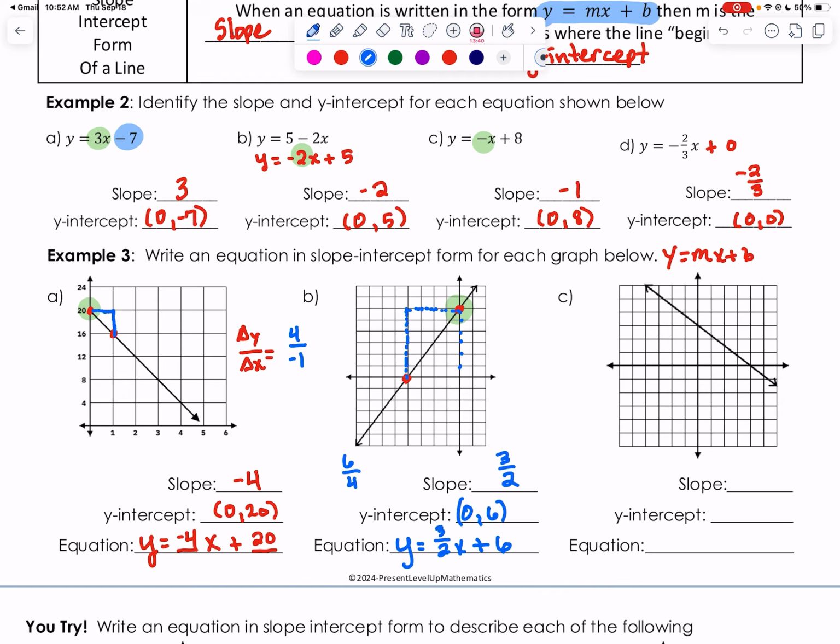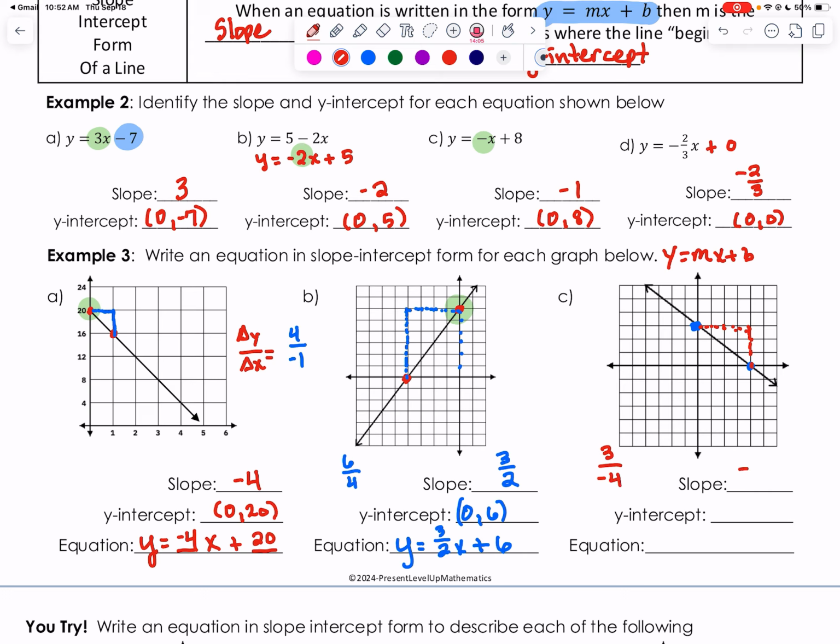All right, welcome back. Let's see how you did. I started off by choosing two friendly points. Then I connected those points with a right triangle to get my slope. And so this line went up 1, 2, 3. So my change in y was 3. And it went left 4.